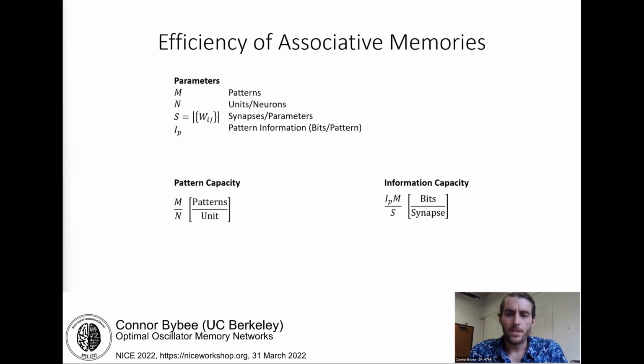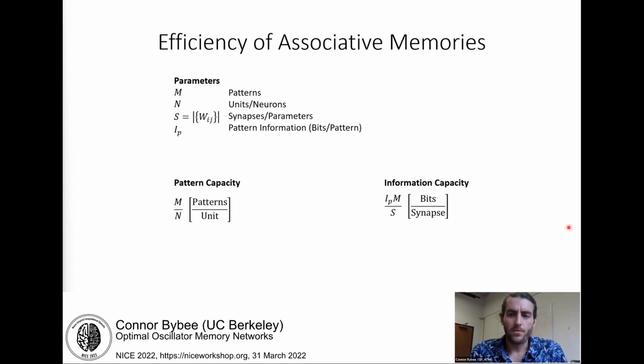The associative memory we'll discuss can be described by a relatively small number of parameters. The number of stored patterns, M, the number of neurons or units in the network, N, the number of synaptic connections or network parameters, S, and the information per pattern, I_p, defined in bits per pattern.